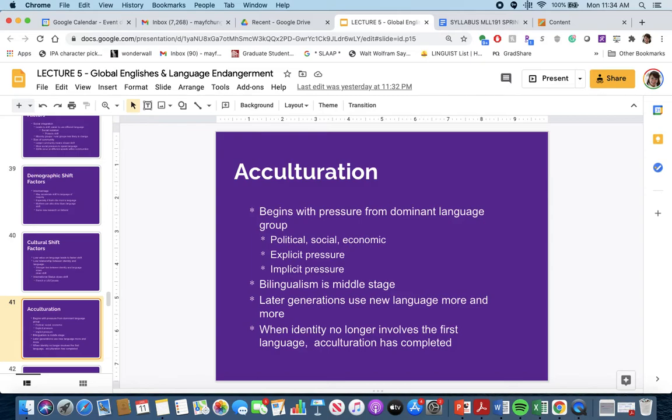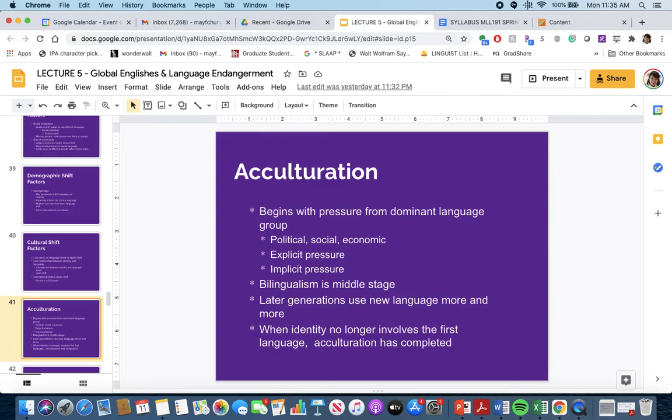Acculturation begins with pressure from a dominant language group. So this could be political, social, and economic. I read in your linguistic autobiographies that some of you were in ESL class, right? And depending on your teacher, you really tried hard to speak English. You really tried hard to learn English, and so there are lots of different pressures, political pressures, social pressures, economic pressures to learn English.